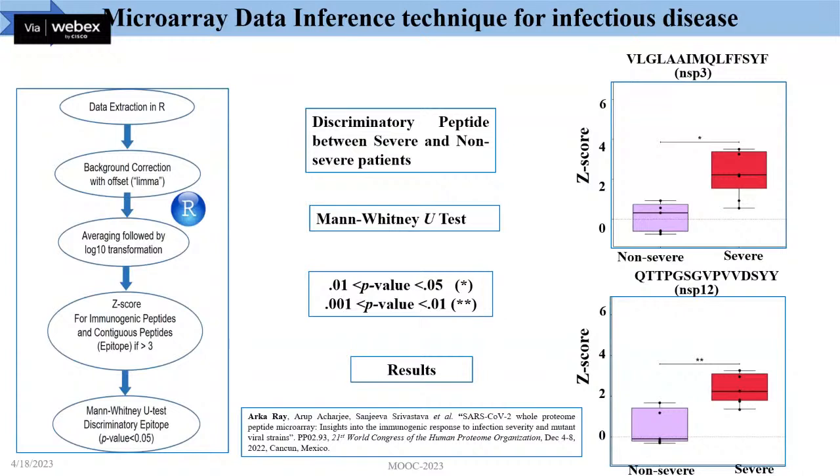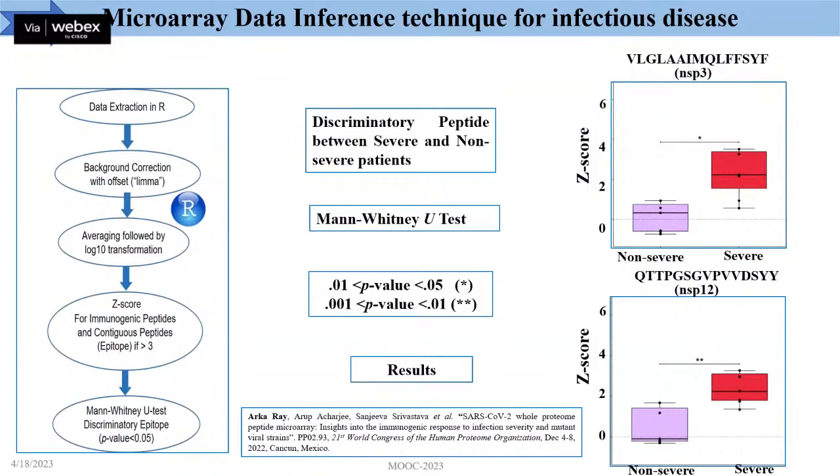So the Mann-Whitney test came up, and you also know that we usually take a p-value criterion of less than 0.05. After that, we wanted to find the significant peptides as well as significant epitopes. This is the algorithm you can see. I already mentioned that data extraction is in R, along with background correction. Why R? Because of this kind of background correction.